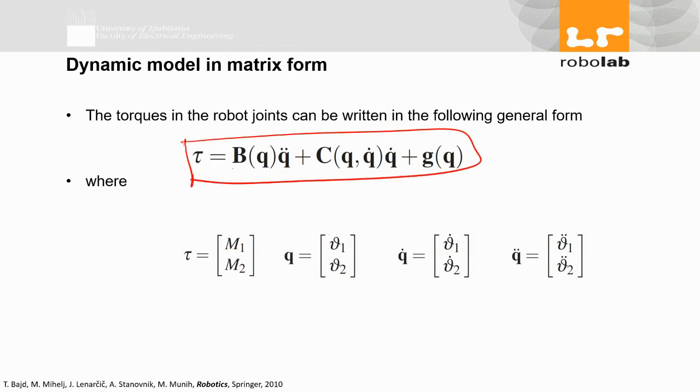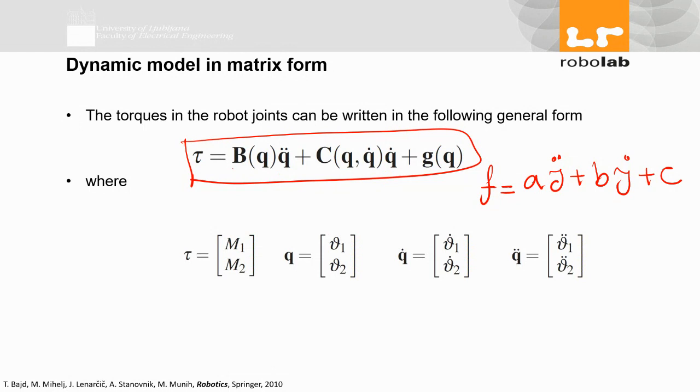This should remind us of linear mechanics, where F equals a times the second derivative of a variable plus b times the first derivative plus c.